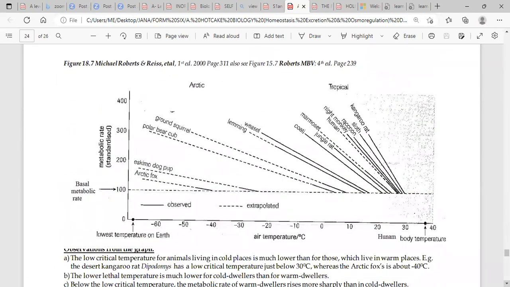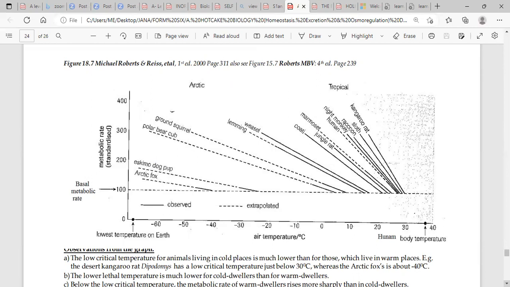When you check in Michael Roberts, page 311, and the Roberts MBV, that is the functional approach, you will find this graph. This graph shows the temperatures at which these different organisms are able to survive.